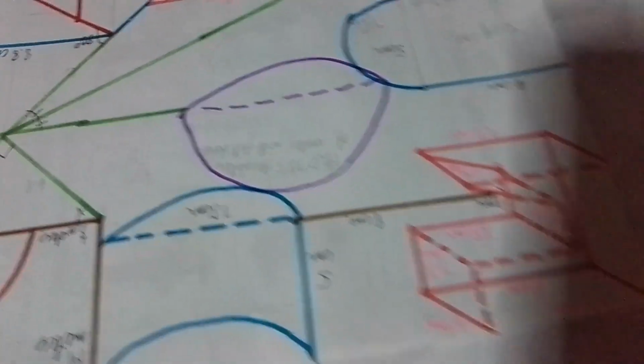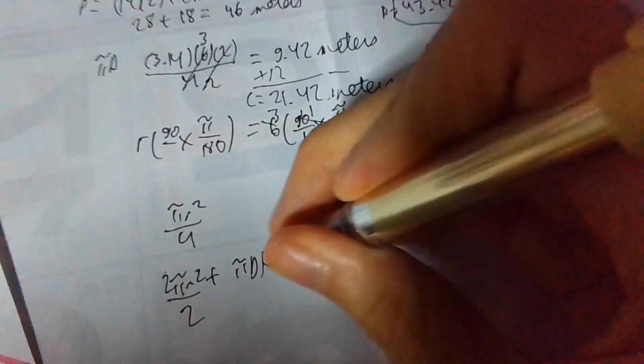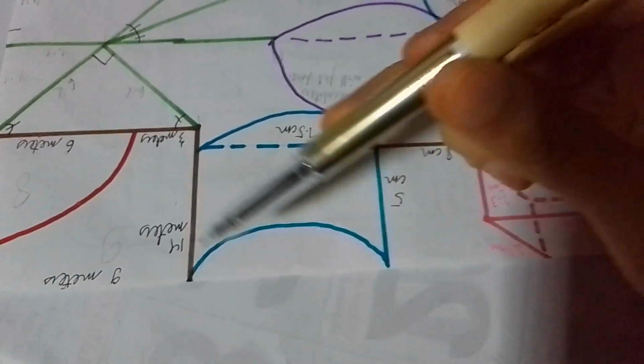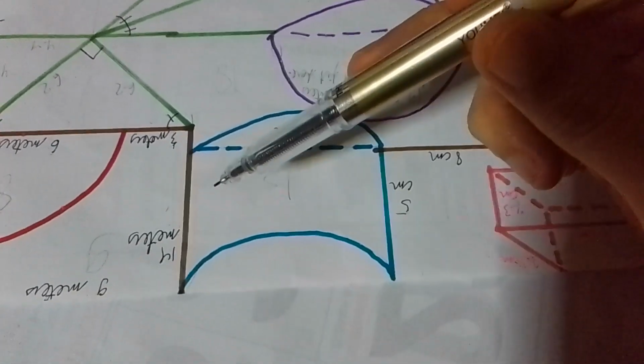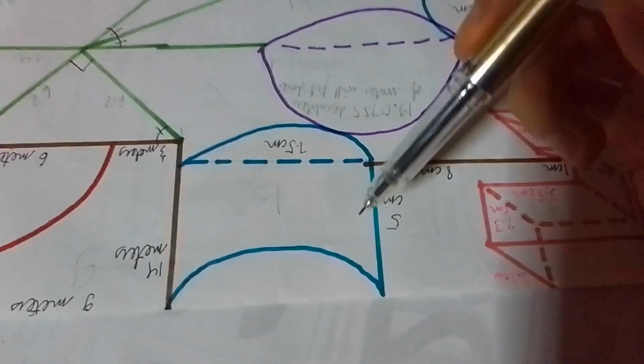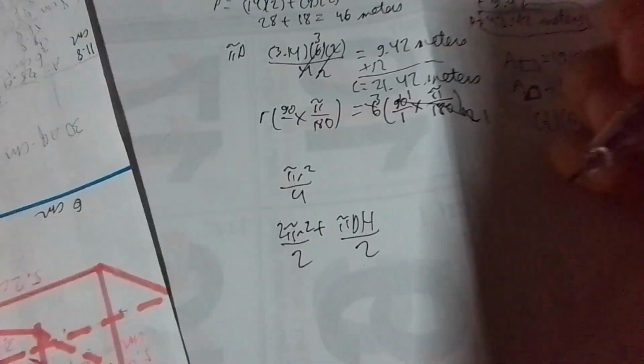Remember the formula of the cylinder for the curved part: it's always pi times d times h. Right? However, since it's only half, remember, it starts from here to here. If it were a whole cylinder, it would roll until back to the base. But since it's a half cylinder, it stopped up to here, which is only 1/2. So therefore, just divide it by 2. Okay?